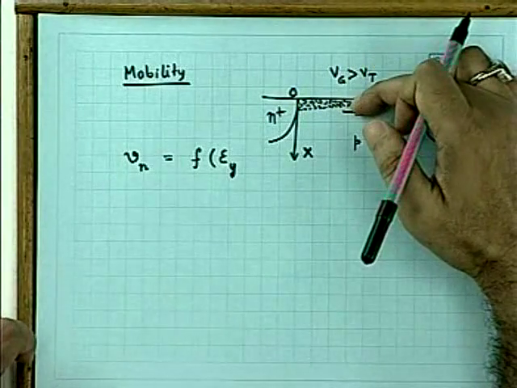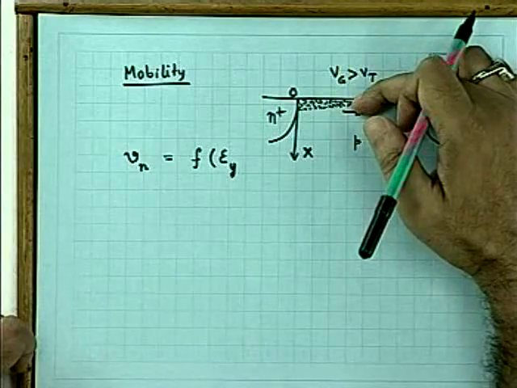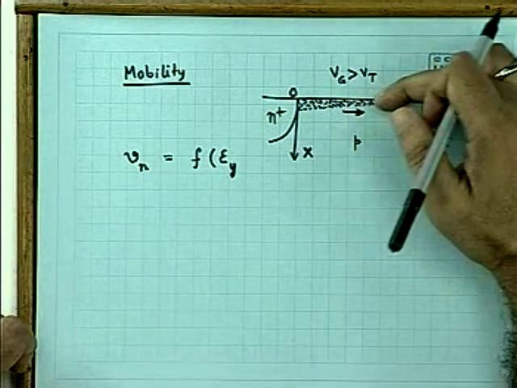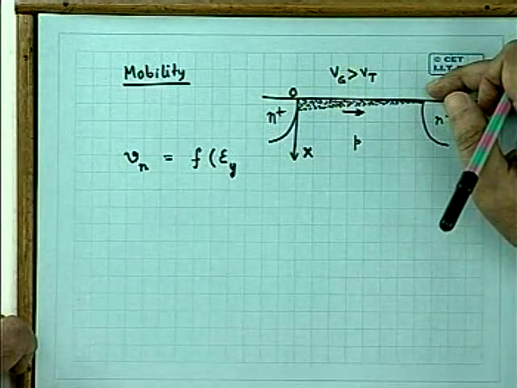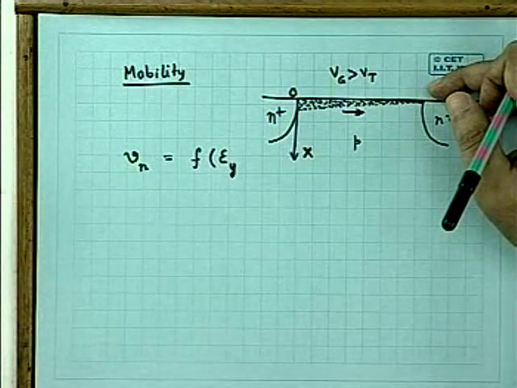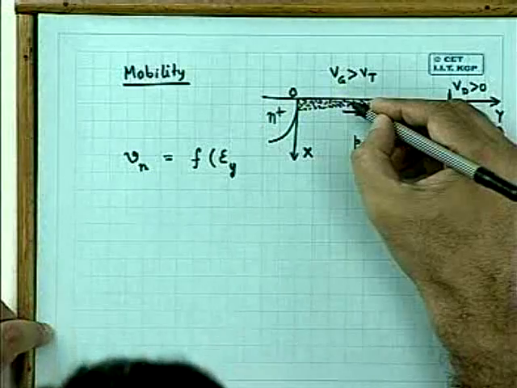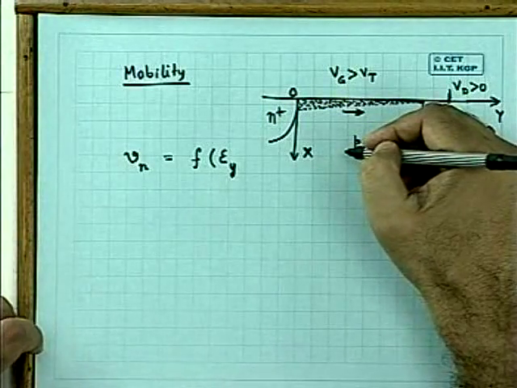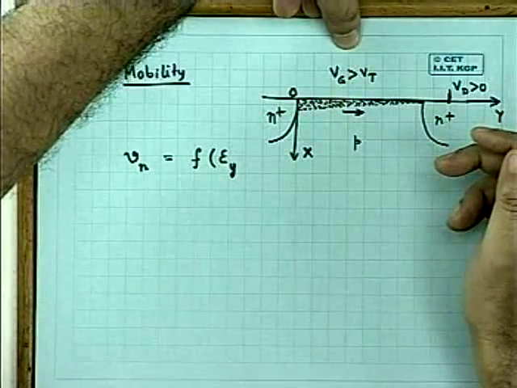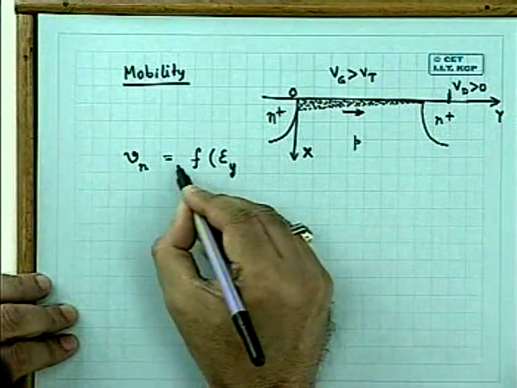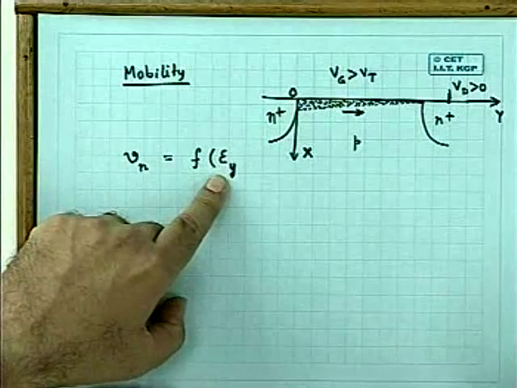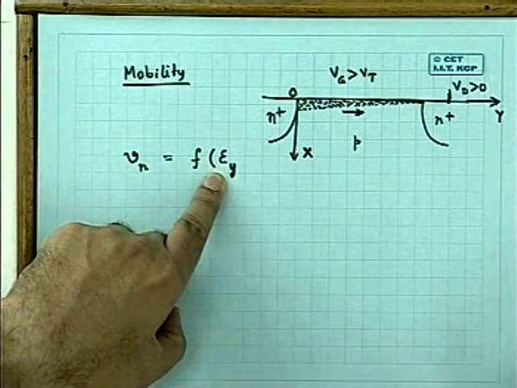The electrons in the inversion layer experience two electric fields, one along y, along the channel, which is directly responsible for their movement along y, whereas they also experience an electric field perpendicular to the channel, and that is induced by the gate voltage. So do you think that Vn should be a function of Ey only, or Ey and Ex both?